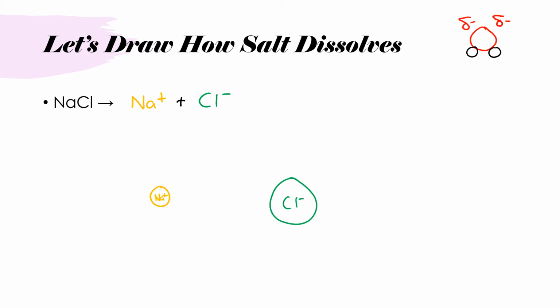And on the hydrogen side of water, we know hydrogen becomes a positive ion. And so I'm going to draw the partial positive charge, one for each hydrogen. And there we have it. The oxygen side of water is negative and the hydrogen side of water is positive.